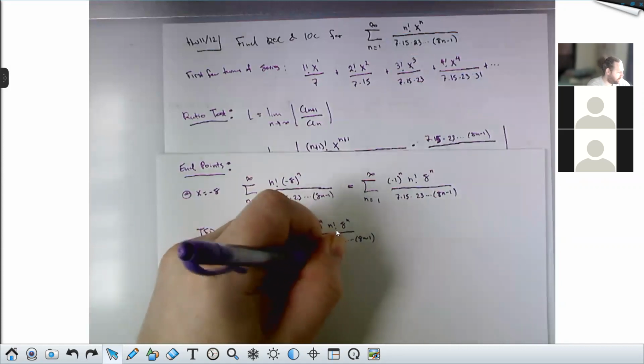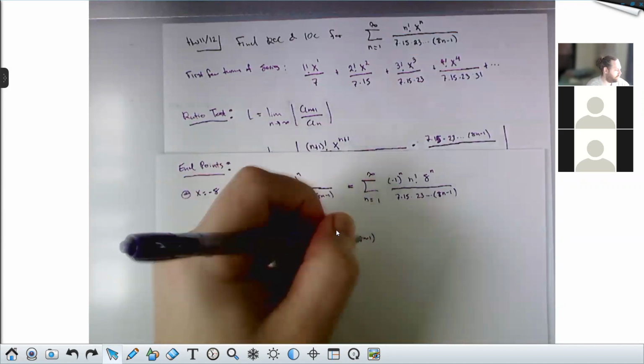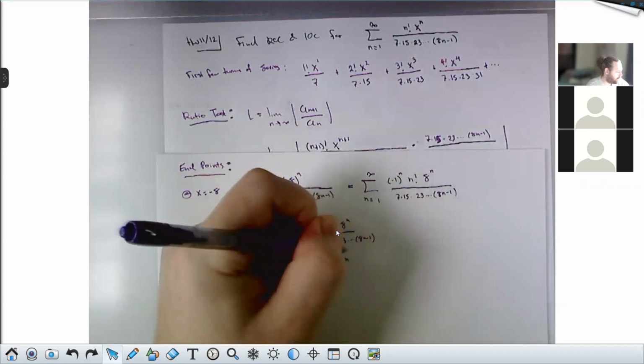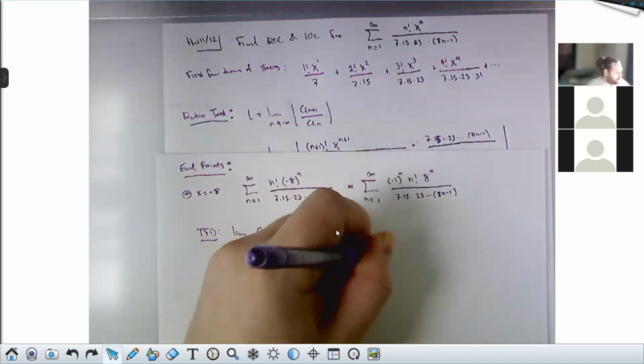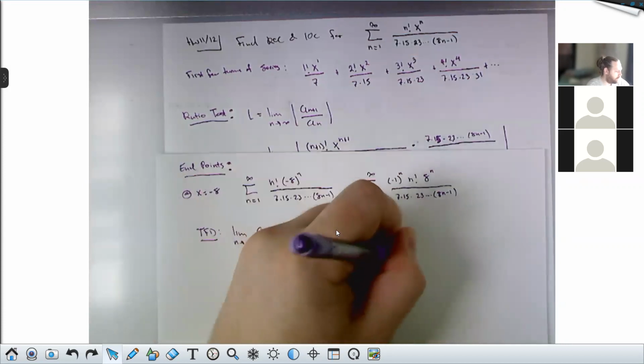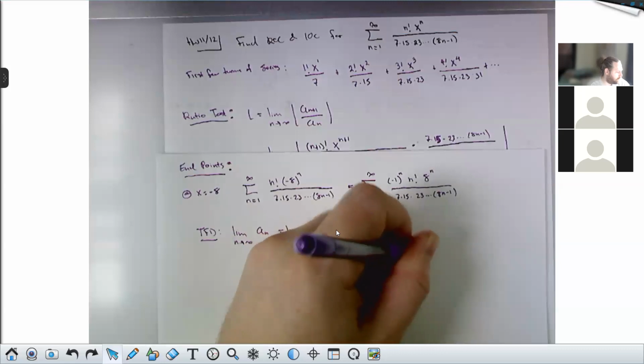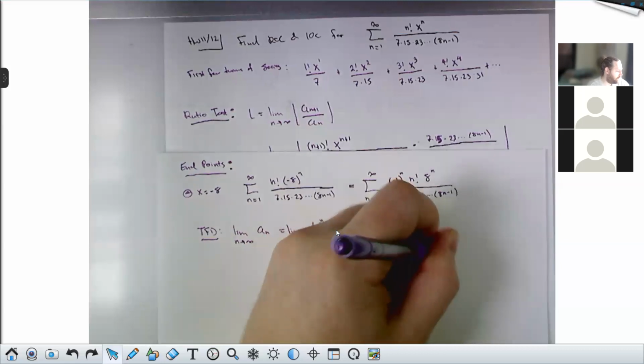So the (-1)^n times 8^n chilling. N factorial, I will write in ascending order, 1 times 2 times 3, all the way out to n minus 2, n minus 1 times n.